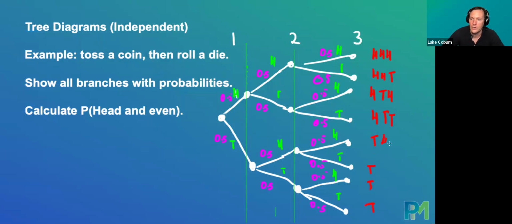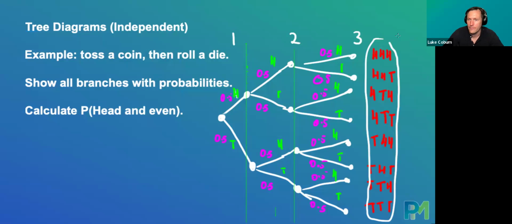So THH, THT, TTH, and TTT. And these are all the possible outcomes that can happen. We see that there are 8 of them, so there are 8 possibilities, right? So each of them is 1 in 8.